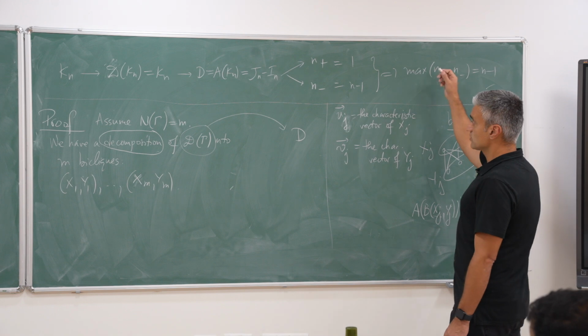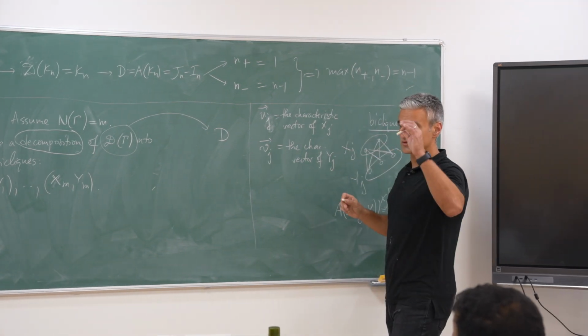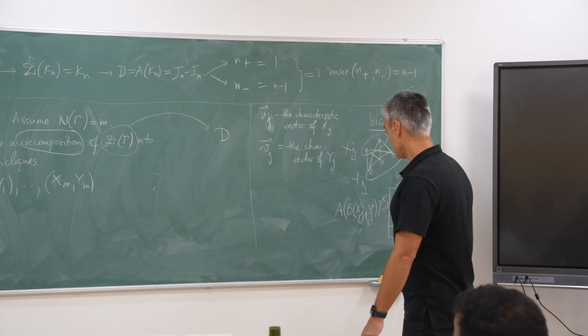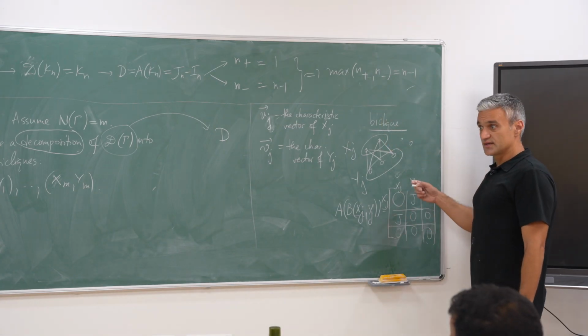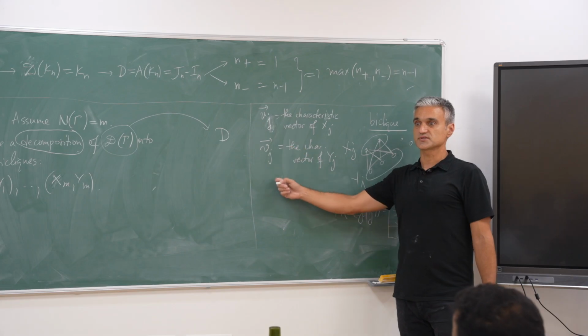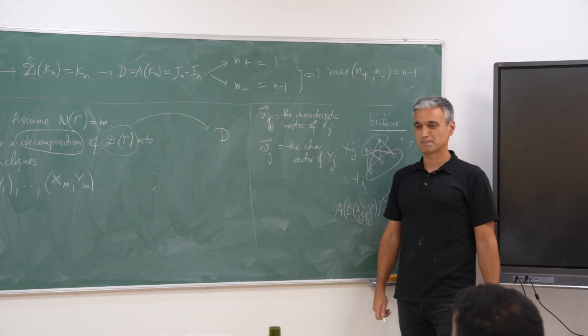For me, all the vectors are columns, so these are n rows by 1, okay? So this matrix is rank 2. How can I write it in terms of the characteristic vectors uj and vj?